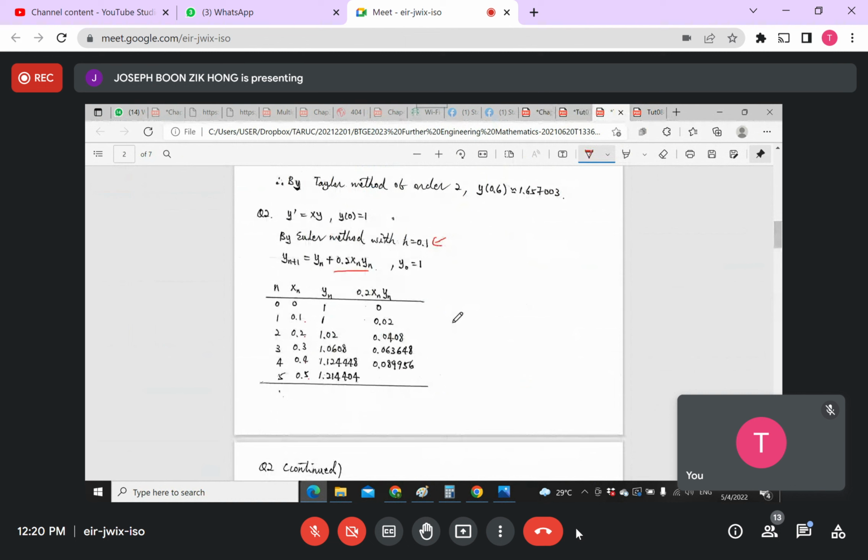Can anyone share your answer? And then I directly check from your answer. This one should be 0.1, but I put 0.2, my mistake. So sorry. This one should be 0.01. And then this one should be 1.01.